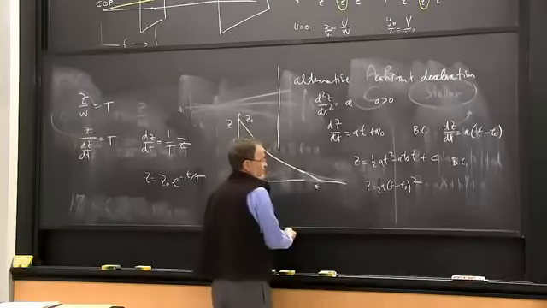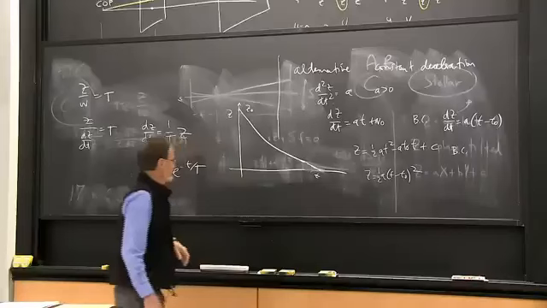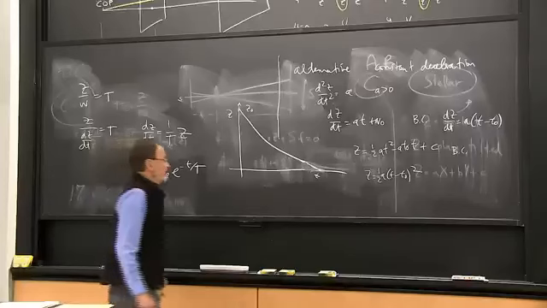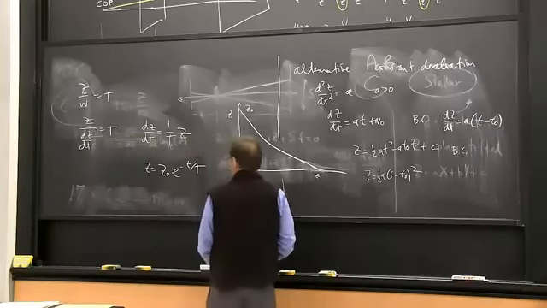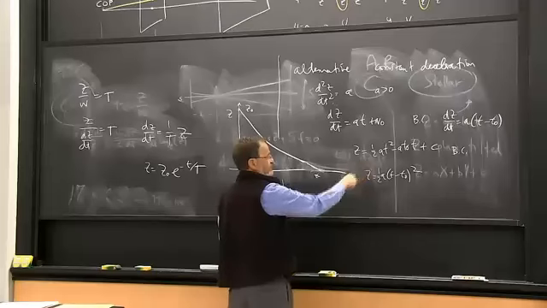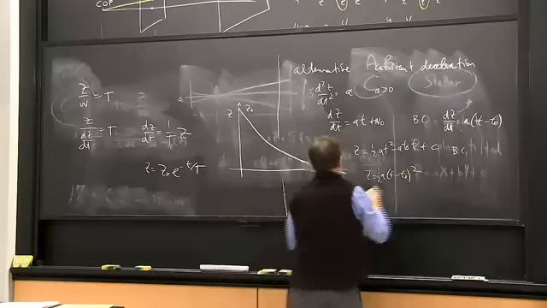So why did I even bother doing this? Well, because it's sort of interesting to ask, under that type of control, what is the time to contact? And so how do we compute that? Well, we need z and dz dt. So we just take the ratio of these two.